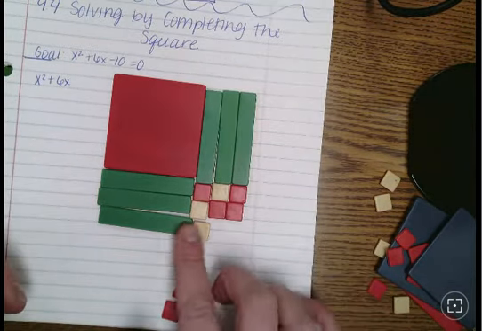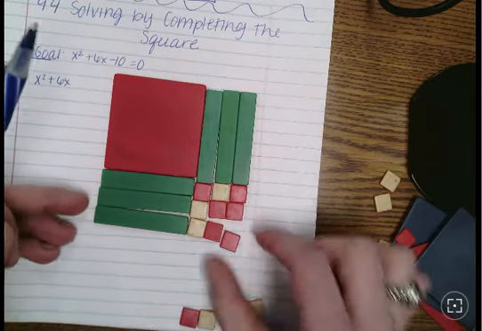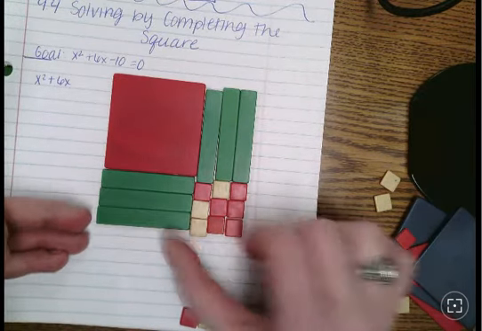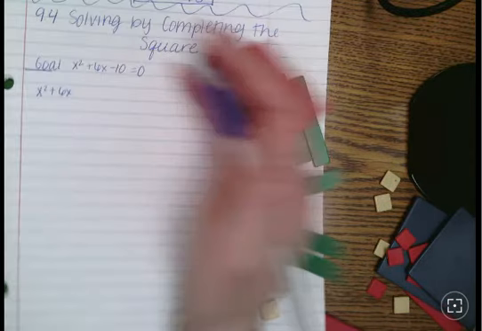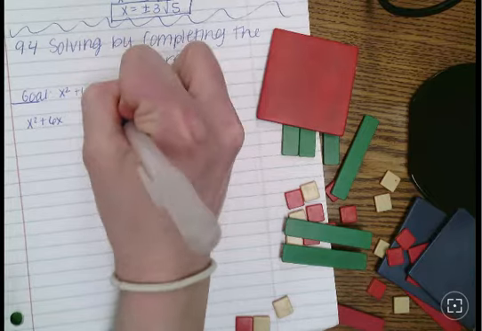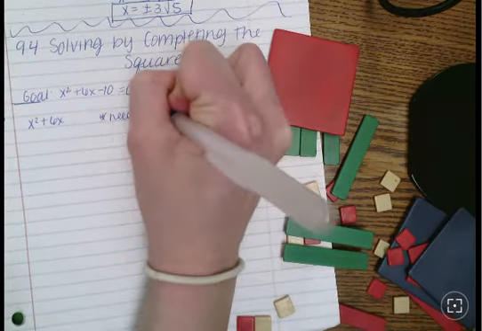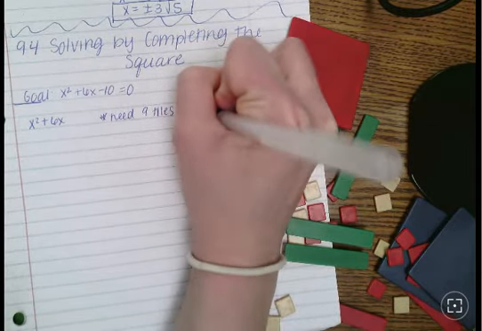Okay, boom, boom, boom. And if you look, it's almost perfect. But you would need 9 little squares to make this a perfect square. I'm just going to make note of that, and then we'll talk about what that actually means. But we need 9 tiles to complete the square.